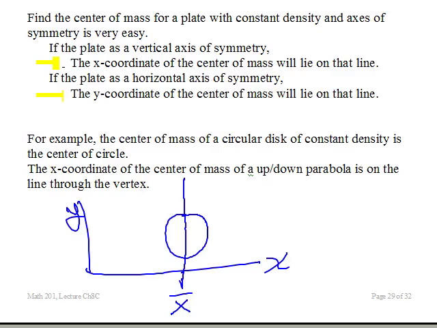It also has a horizontal axis of symmetry. The y-coordinate of the center of mass is located on that axis. The center of mass, x bar y bar, actually is the center of the circle, because that is where the vertical and horizontal axes lie.